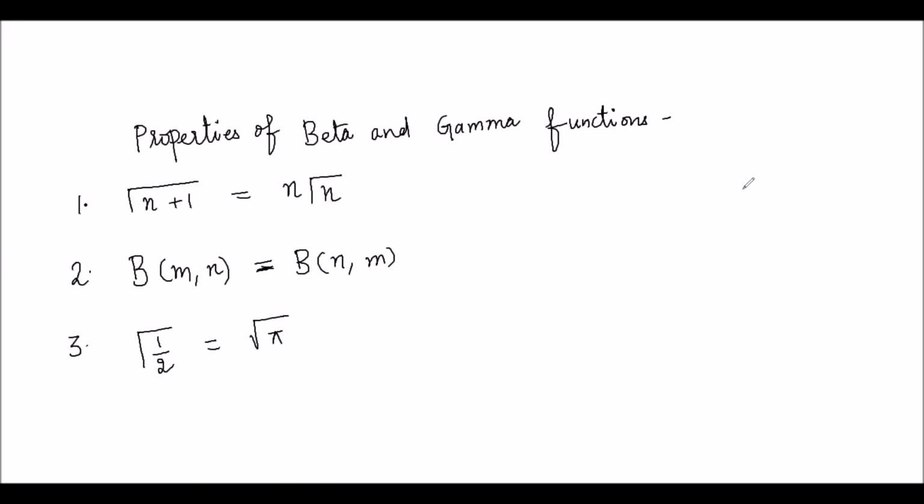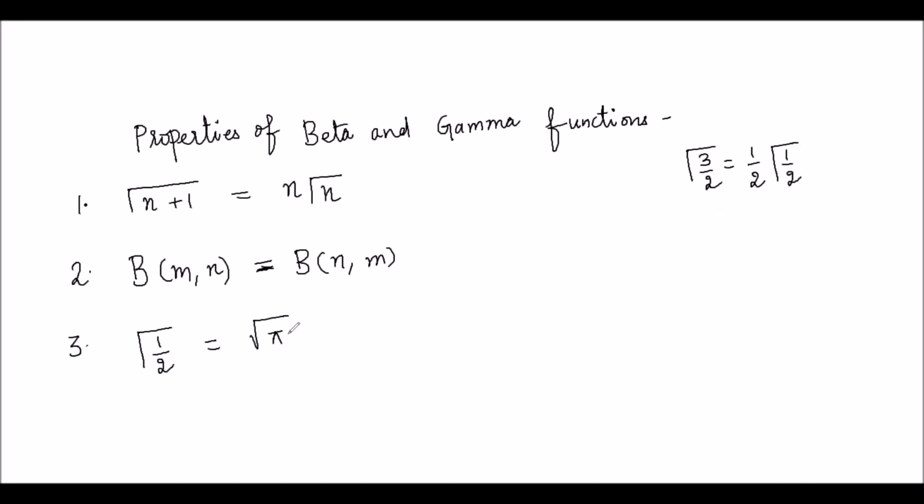And now see, if we have to find out the gamma of 3 by 2, for finding the gamma of 3 by 2, we will be using the two properties, the first one and the third one. First, we will be using the reduction property. By the reduction property, how can we write down this gamma of 3 by 2? It will become 1 by 2 gamma of 1 by 2.